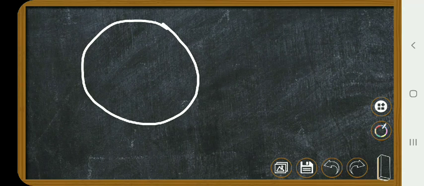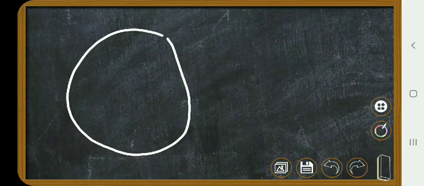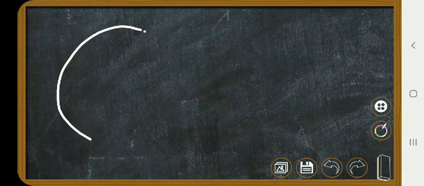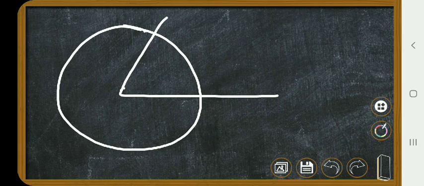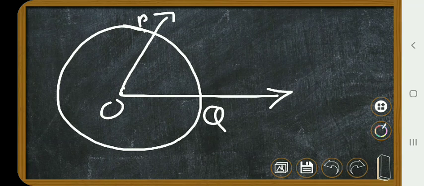Now see, this is the center, O. Now this is angle POQ, and this is Y. PYQ is the minor arc.